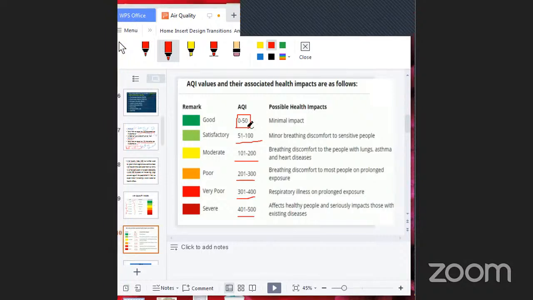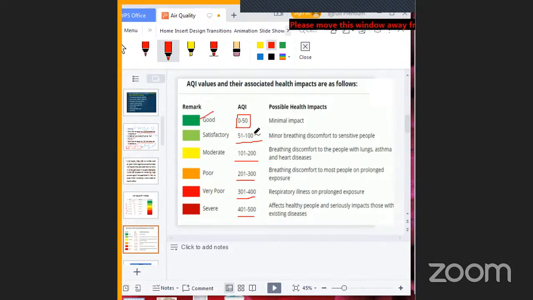When it is 0 to 50, it is indicated by the green color and considered good air.